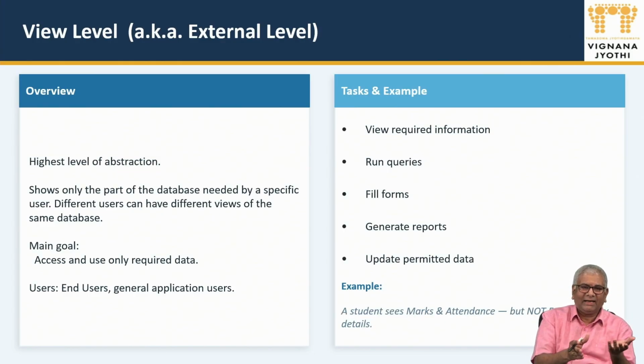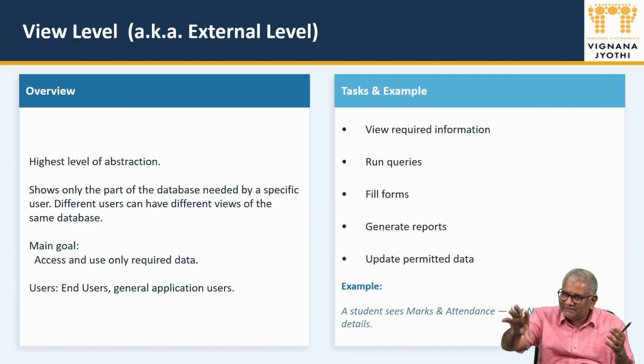This is the application level, and end users, the application users, are the users of this level. They view required information, run queries, fill forms, generate reports, and update permitted data. All these operations appear to be happening on the screen, but actually they happen on the database.